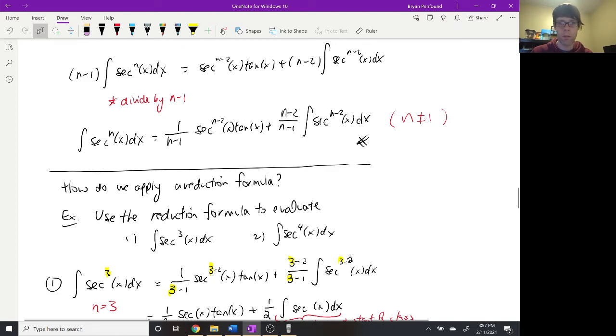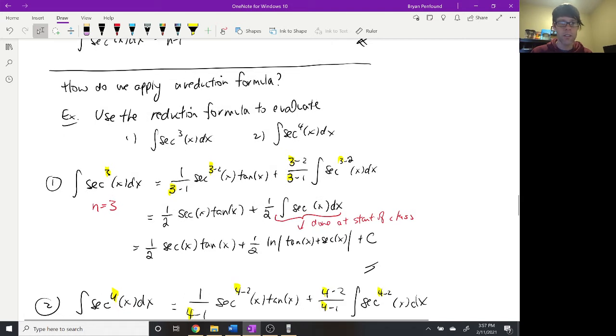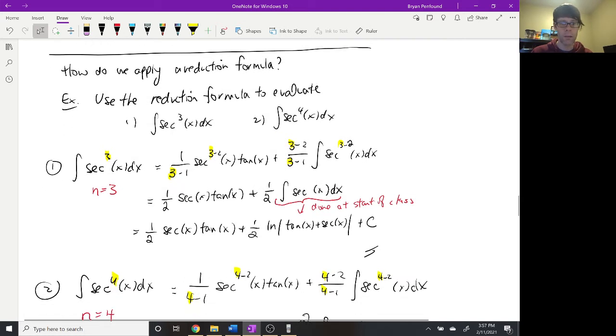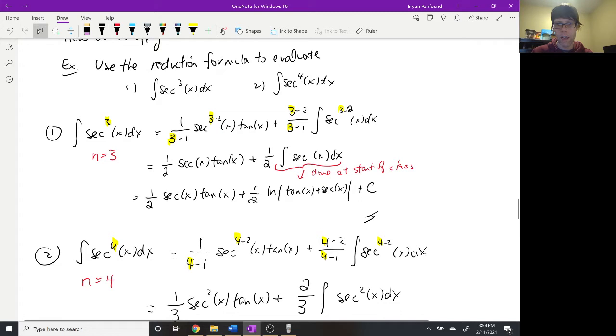That's one that you should probably put on your little cheat sheet of things to know. We actually did solve secant cubed together as well. So we know that the general antiderivative of secant cubed is given as this expression down here at the bottom.